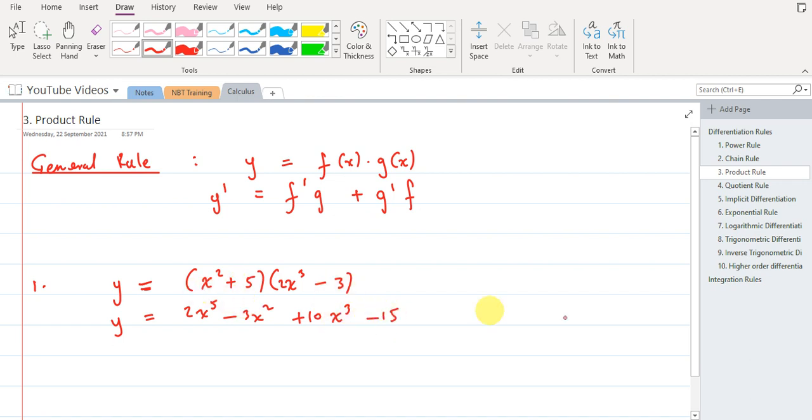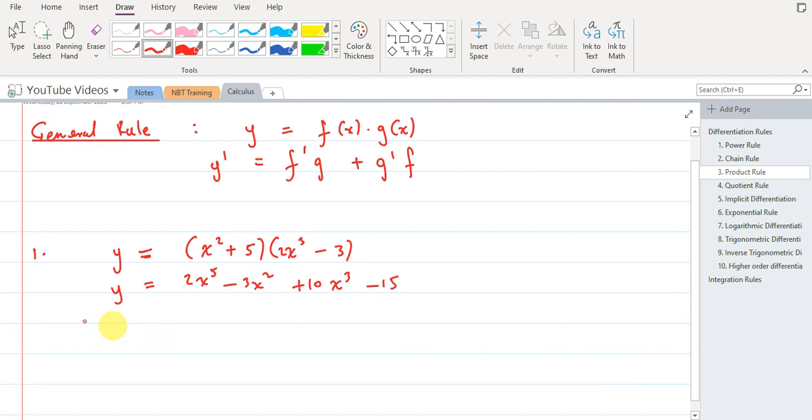We just open these brackets up, doing the products. Now we can find dy dx, or y prime. We are getting 10x to the power 4 minus 6x plus 30x squared plus 0. So that's your final answer.